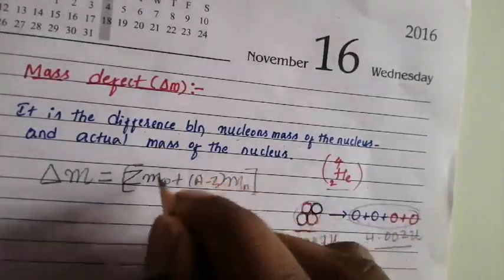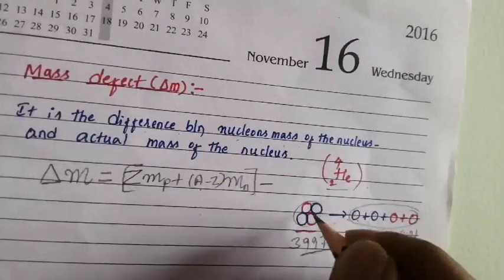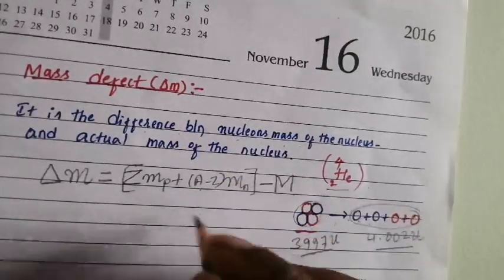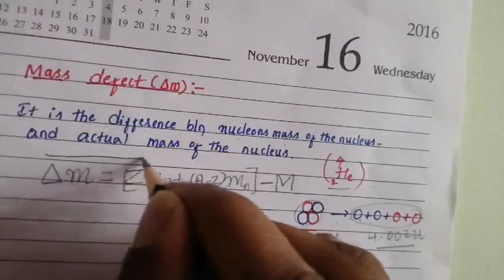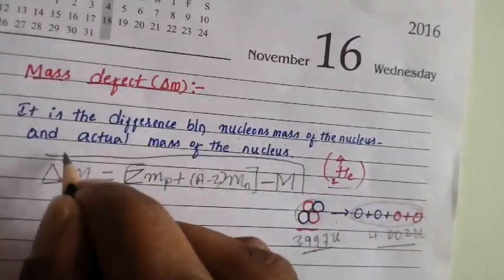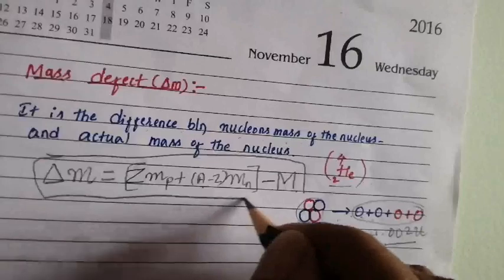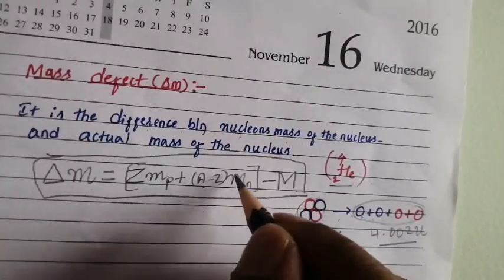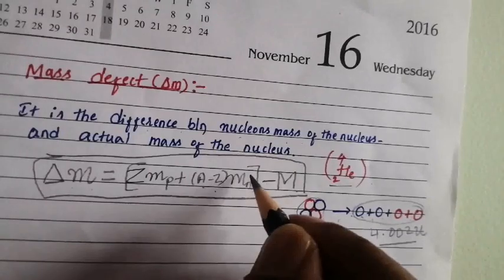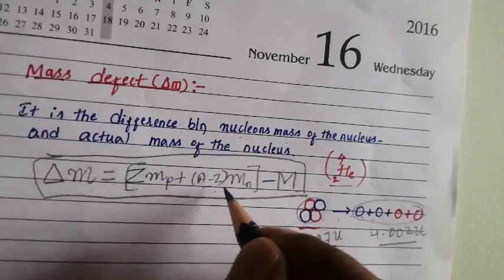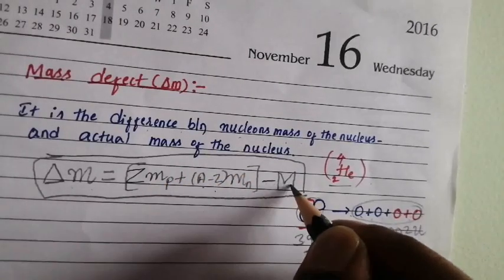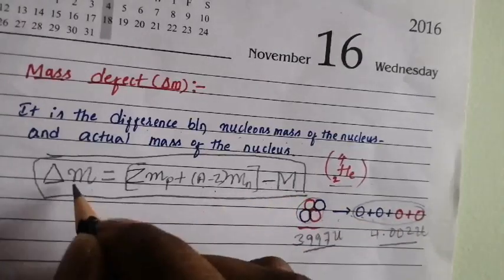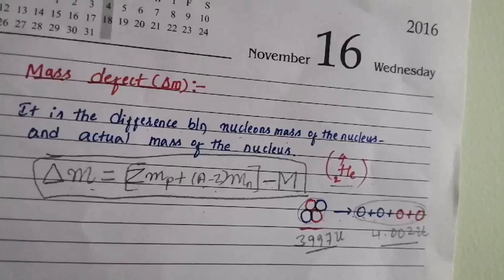This is the higher value minus capital M. Here capital M represents mass of the nucleus, helium nucleus. So this is the relation for the mass defect. So mass defect is equal to the difference between nucleon's mass of the nucleus and actual mass of the nucleus. This small difference is called as mass defect.